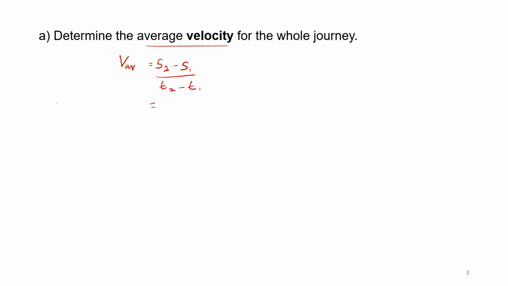Substitute the values: S2 is 10 cm, S1 is 0 cm, T2 is 14 seconds, T1 is 0 seconds, and then we get the answer 0.71 centimeter per second.